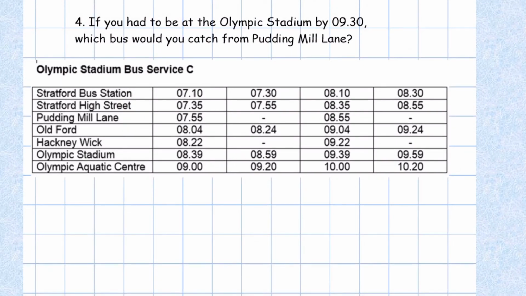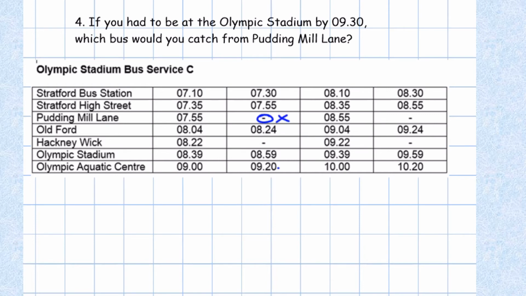Like this one, you can't go for the obvious answer. If you had to be at the Olympic Stadium by 9:30, which bus would you catch from Pudding Mill Lane? Well, the obvious one, you would go for 9:30. Well, you'd think 9:20 from Pudding Mill Lane, but there isn't a bus from there.